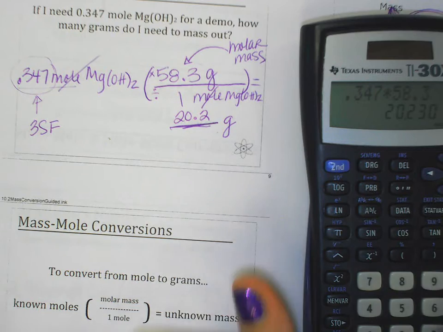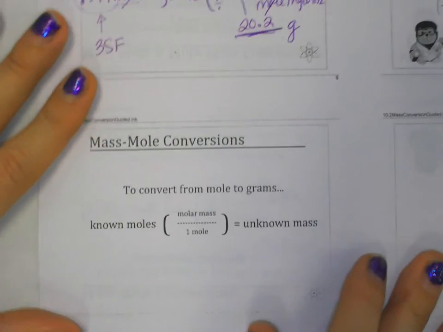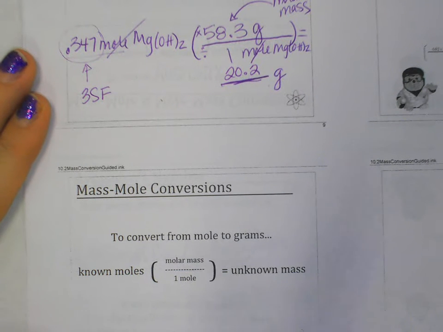All right. And basically the rest of this page, I'm just showing you this is really all you did here. All you did was take a known number of moles. You did a conversion to get it into an unknown mass. That conversion was simply to do the molar mass divided by 1 mole. So I have to calculate that molar mass out first.